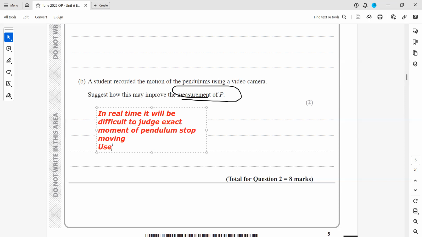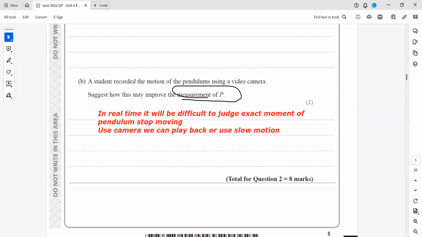So using a camera, we can play back or use slow motion, which reduces the effect of reaction time.